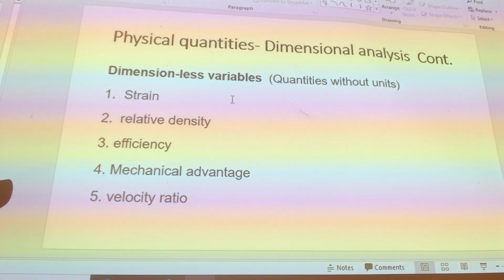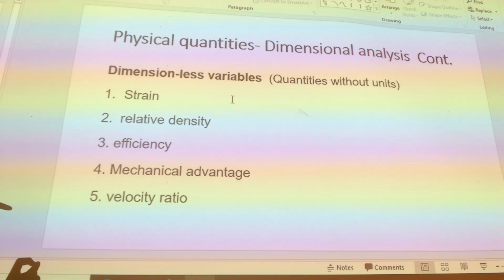Both the numerator and the denominator tell us about length, so their dimensions will be L over L. You find out that the dimensions cancel. The dimension of the numerator, L, and the dimension of the denominator, L, cancel out. Or the unit of the numerator, meters, and the unit of the denominator, meters, will cancel out.